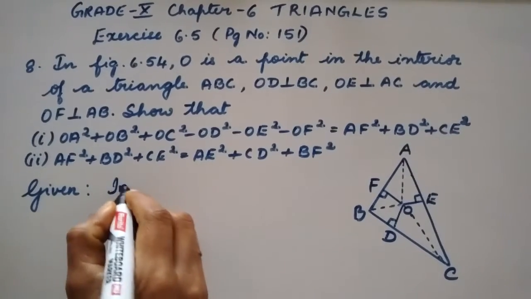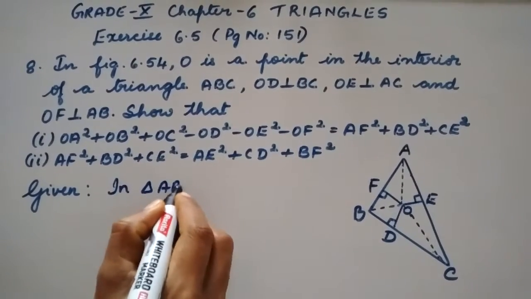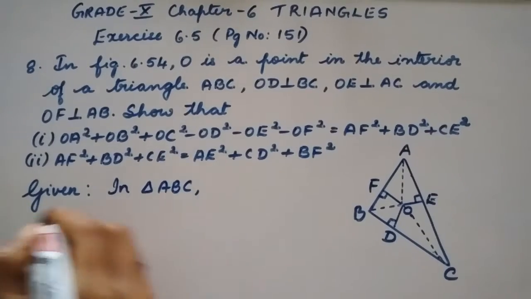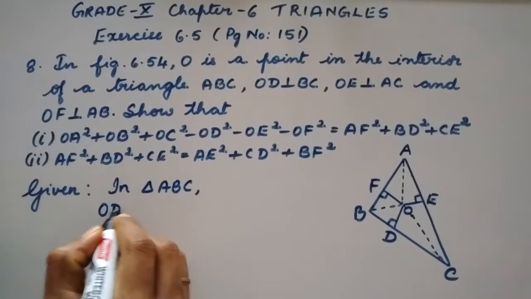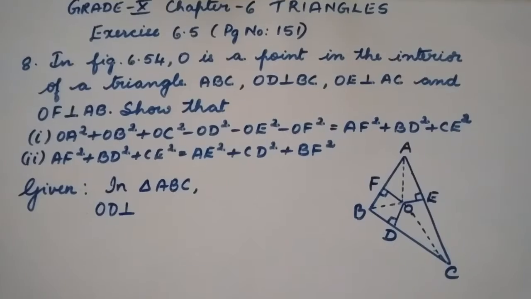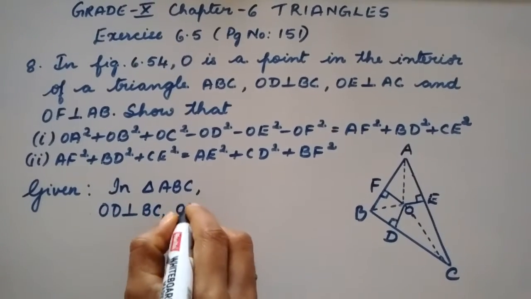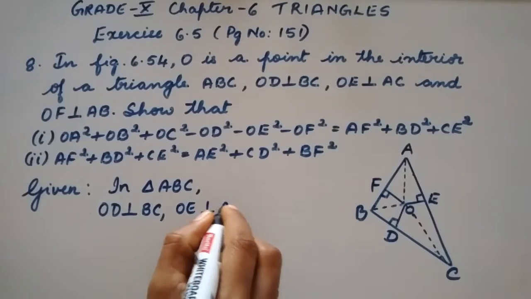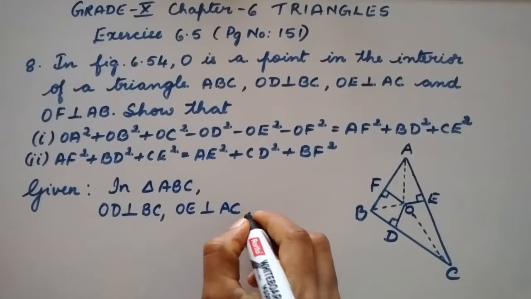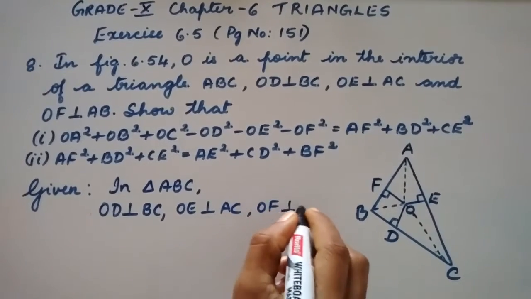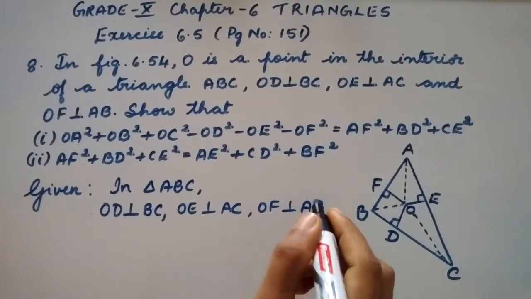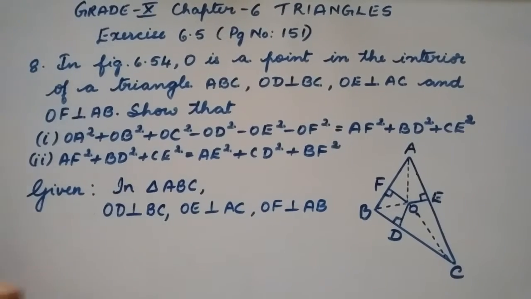In triangle ABC, we have OD perpendicular to BC and OE perpendicular to AC and OF perpendicular to AB.